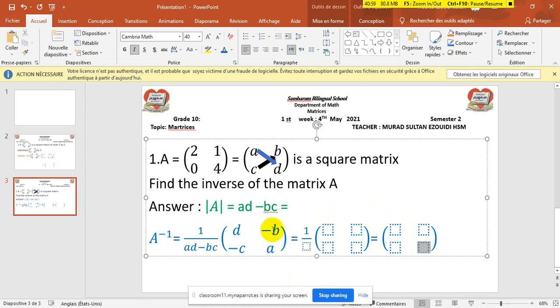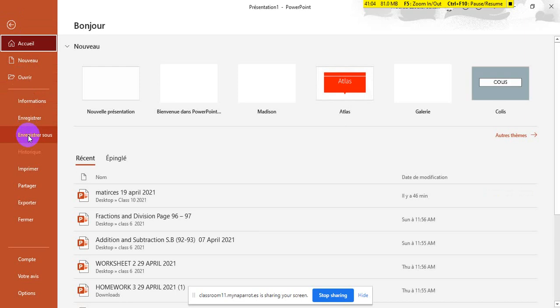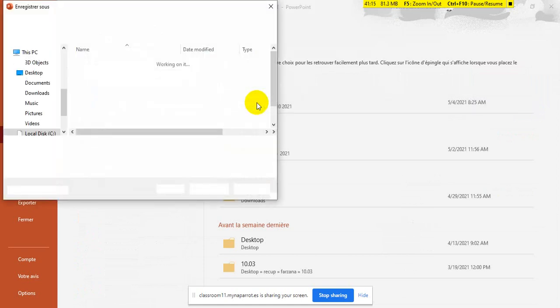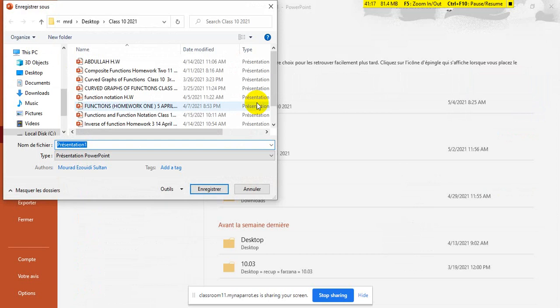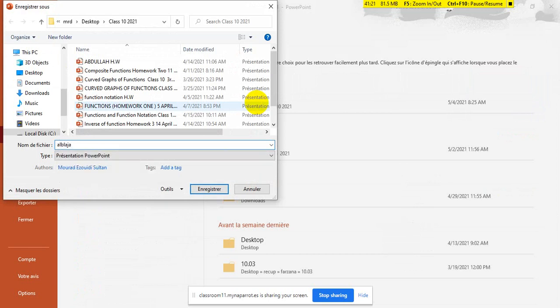So I will save this, my daughters, now, and you will do it as homework. Through this lecture, I want all the students to submit their homework to at least get 4 marks. I will save it as, for example, the grade name, homework, because here I will make it 24 May.